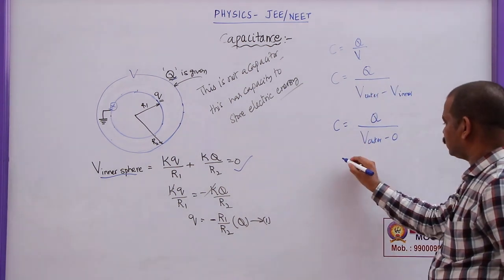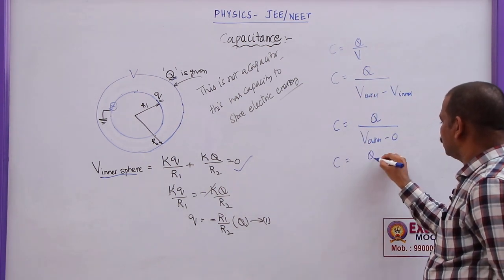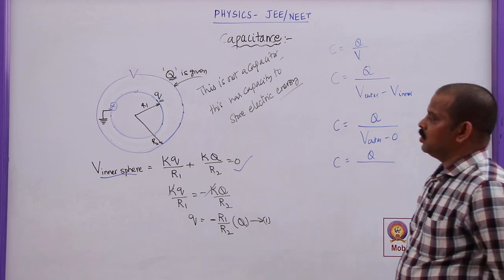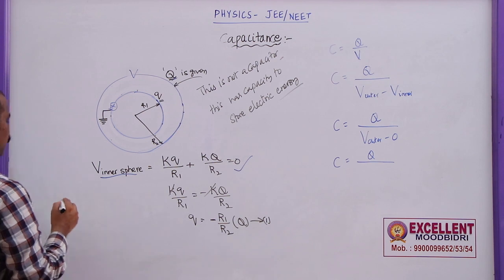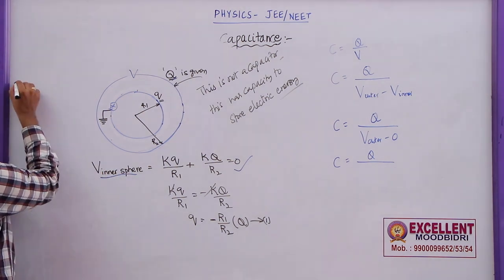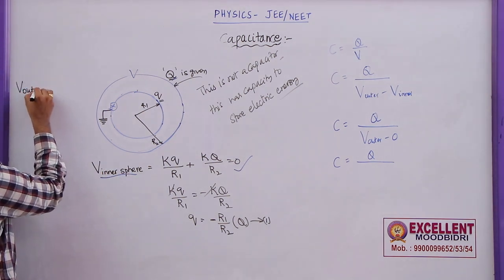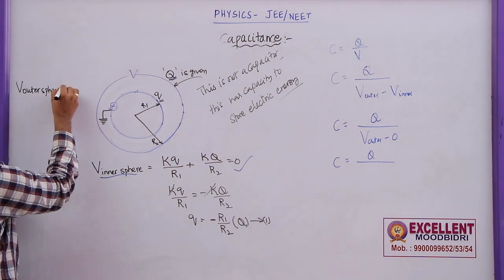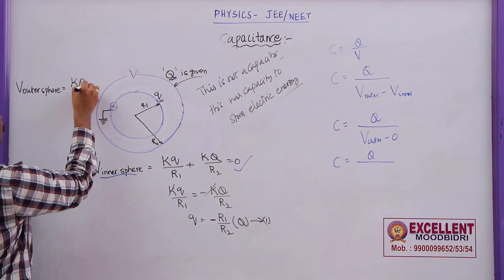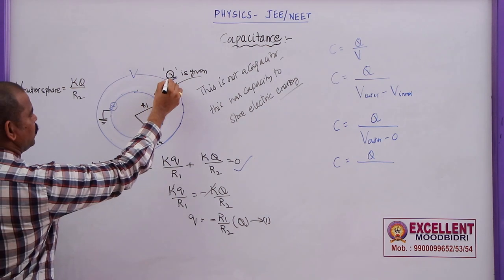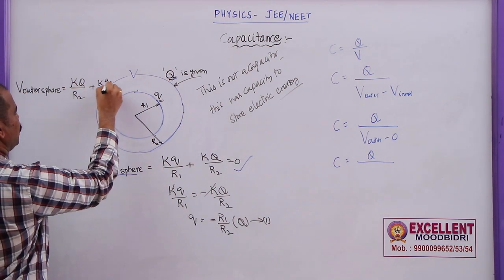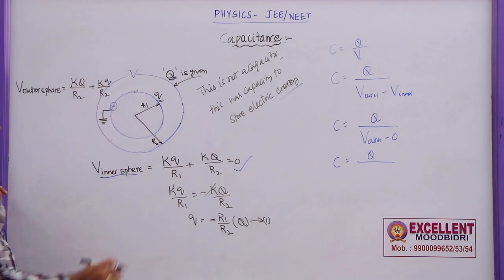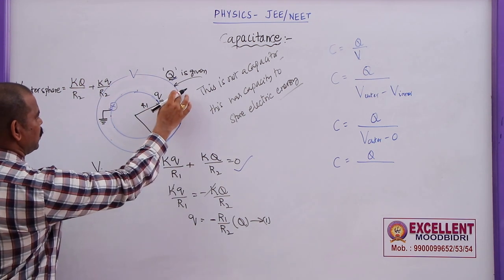Now, C is equal to Q by the potential on the outer surface. Now I am going to find out the potential on the outer surface. The potential on the outer sphere is given by kQ by r2, that is k into the charge on this one by r2, plus k small q by r2, this charge q at a distance r on this one.